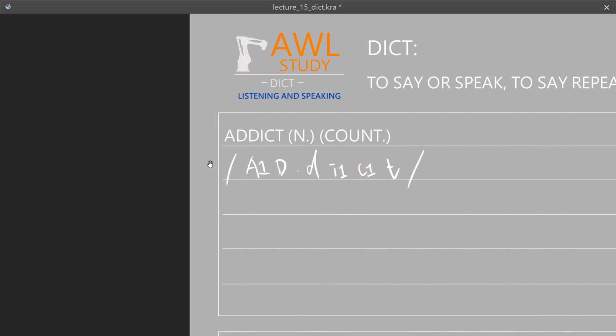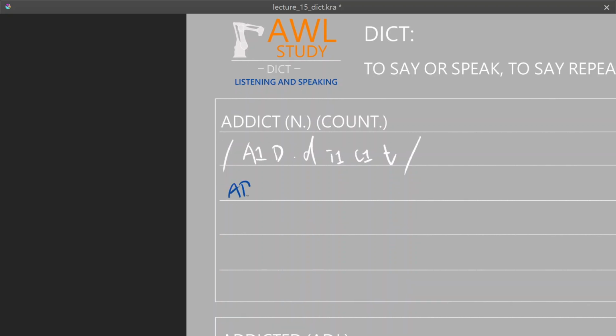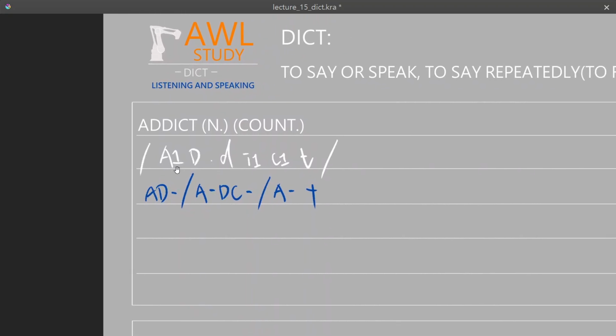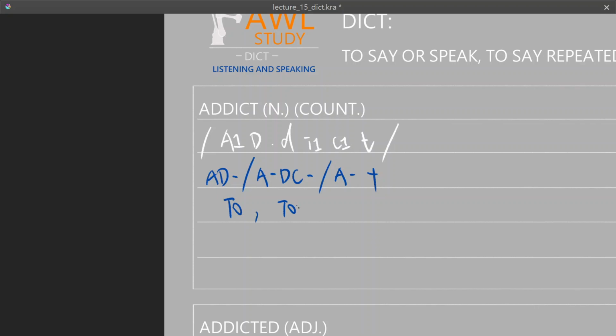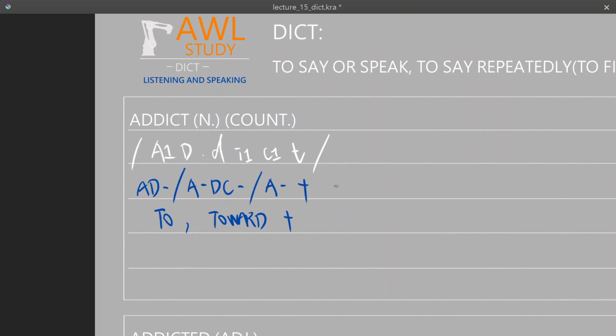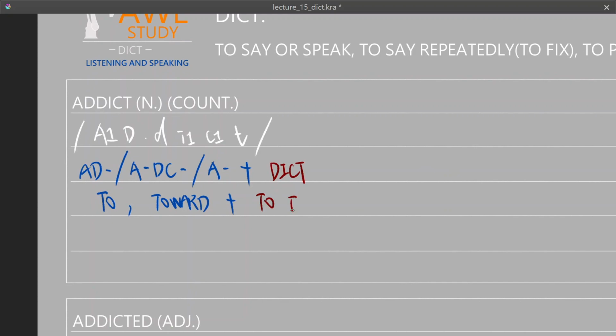And we have the prefix add, or its variants, a followed by double consonants or the letter a itself, and it means to or toward. And we have the root, dict, meaning to fix to something.